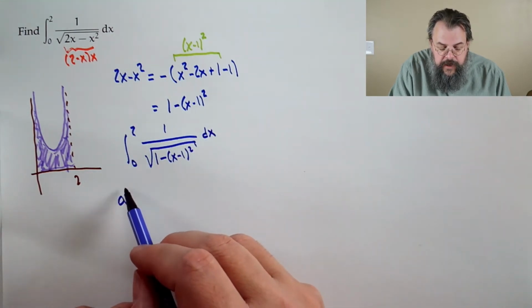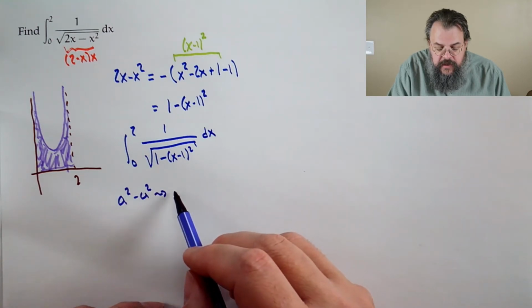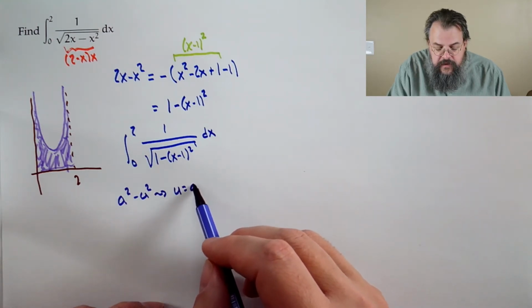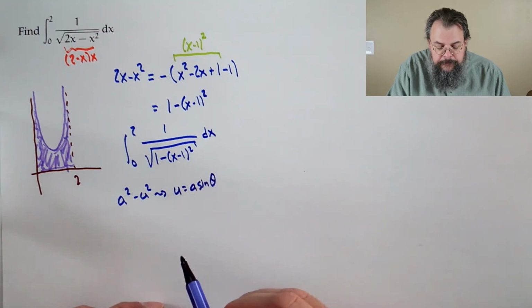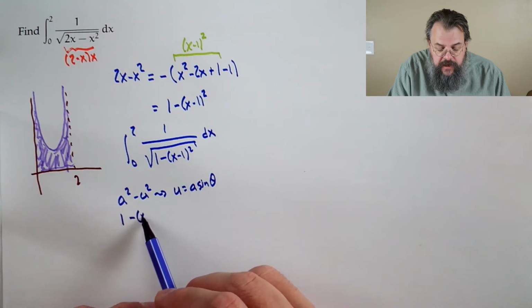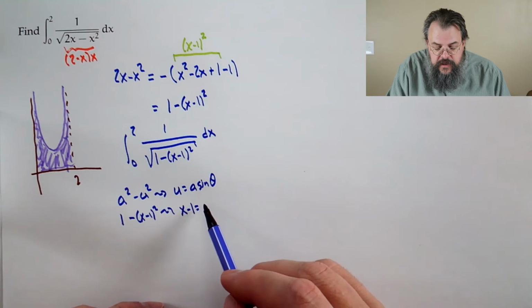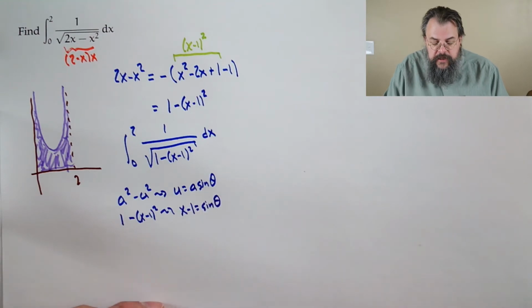For a squared minus u squared, the right substitution is to set u as a sine theta. In our case, we have 1 minus x minus 1 squared, so x minus 1 should equal sine theta.